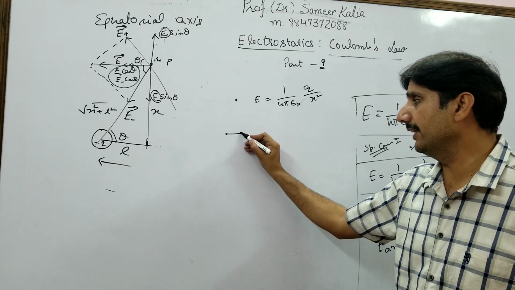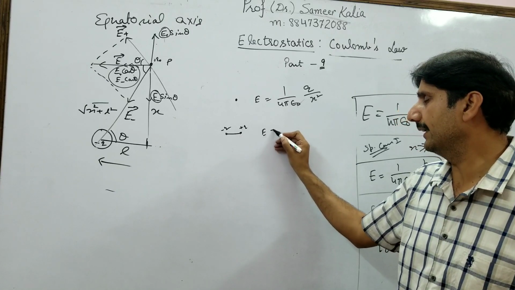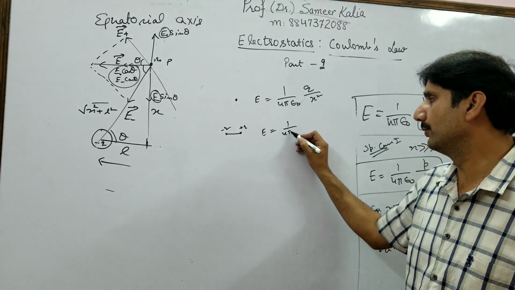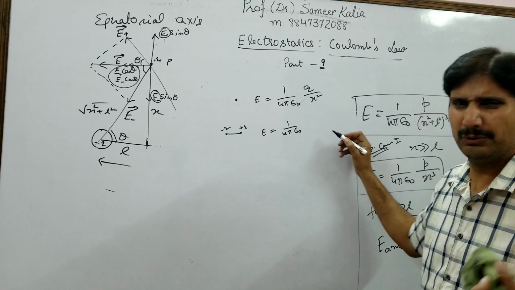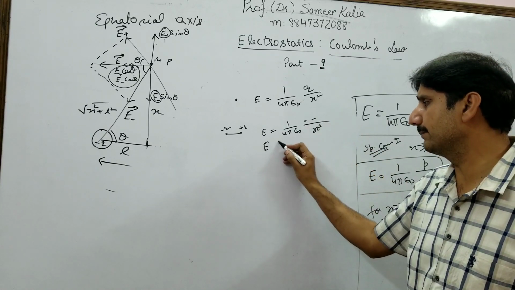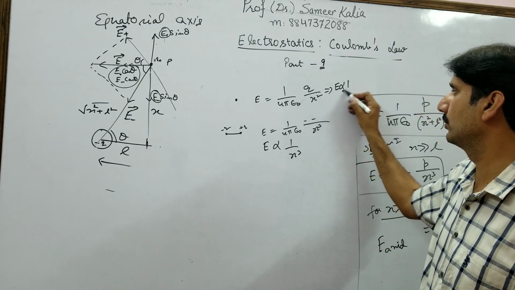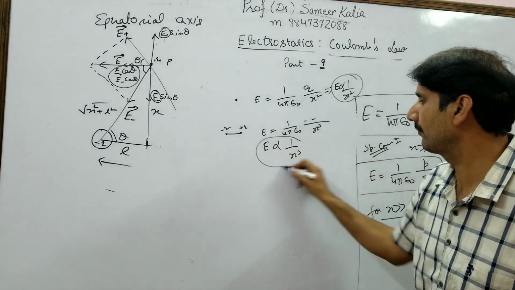Whereas, if we are dealing with a dipole, electric field is 1 by 4 pi epsilon naught p or 2p, whatever, divided by x cube. That means E is proportional to 1 by x cube. In this case, E was proportional to 1 by x square.